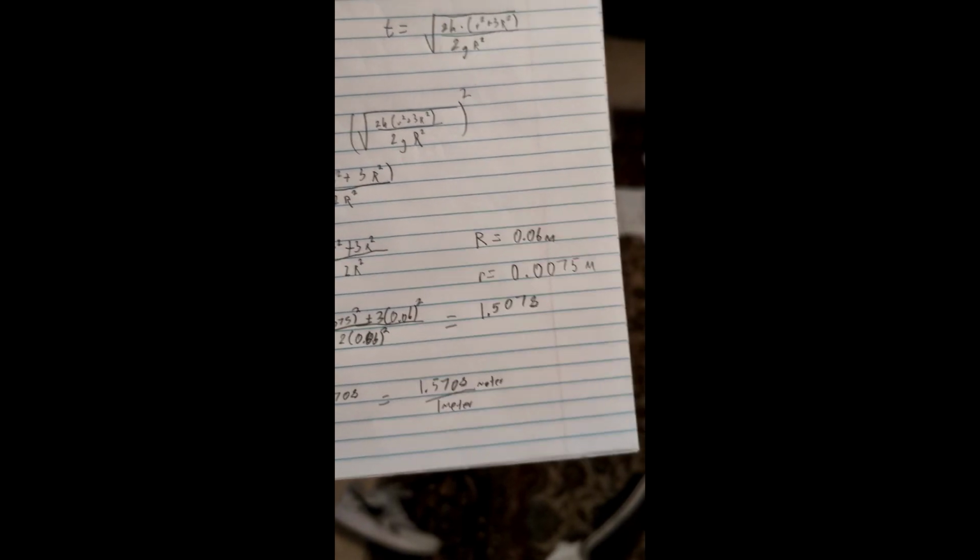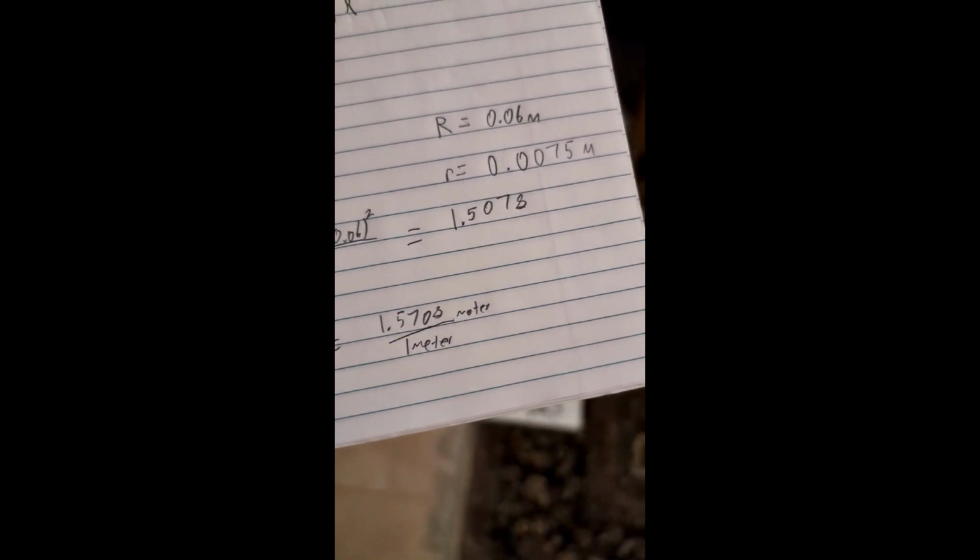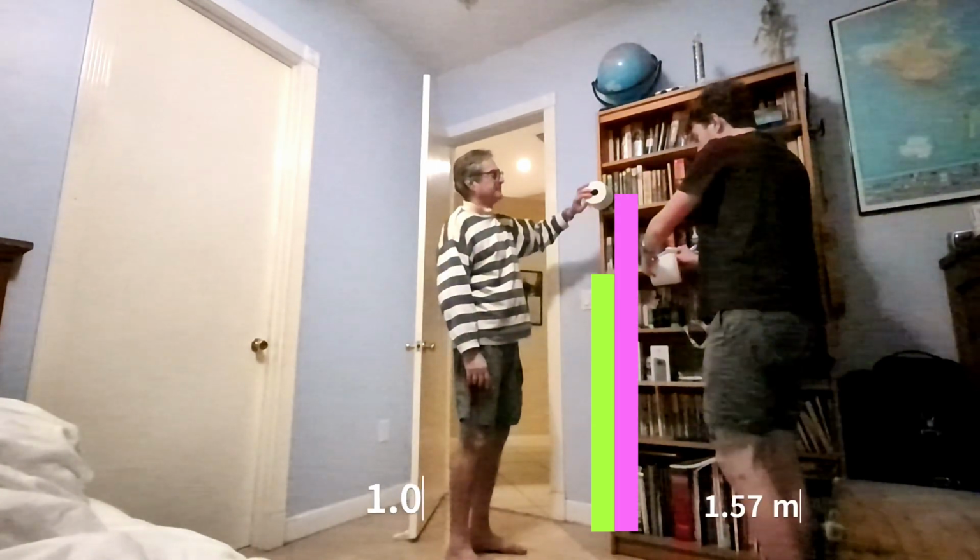So plugging in my values of big R being 0.06 meters and little r being 0.0075 meters into here, we get a ratio of 1.5708. So this is a dimensionless unit, but it should give you our coefficient between the big height and the little height. To make things simple, the little one's going to be 1 meter, and the big one is going to be 1.5708 meters. And hopefully, this should, in theory, cause our paper towel rolls to drop at the same time.